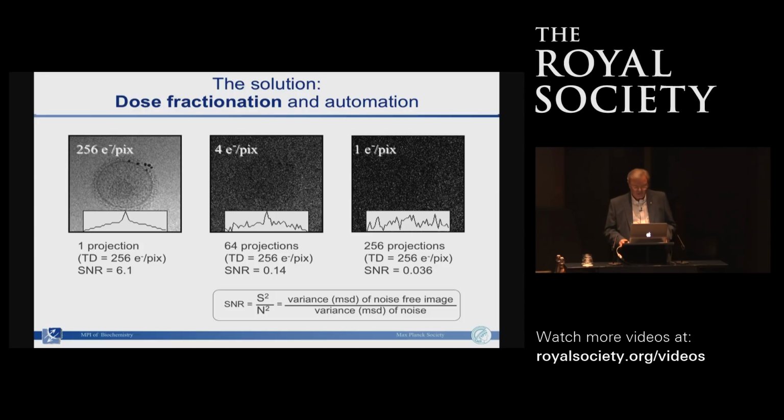So the solution to the problem is fairly simple. It's what we call dose fractionation. So instead of spending the entire allowable electron dose on a single image, which is then statistically relatively well defined, we distribute it over as many projections as possible, which are noisy, and we can do it only to the extent that they can still be aligned with respect to each other, with respect to a common frame of coordinates.